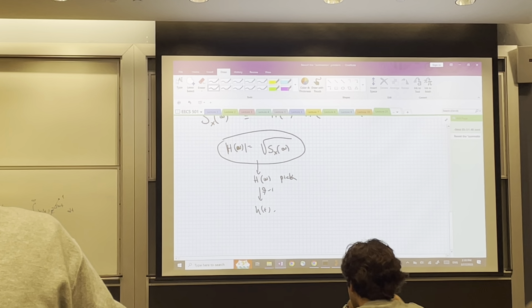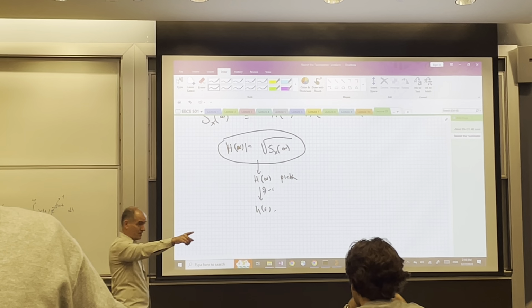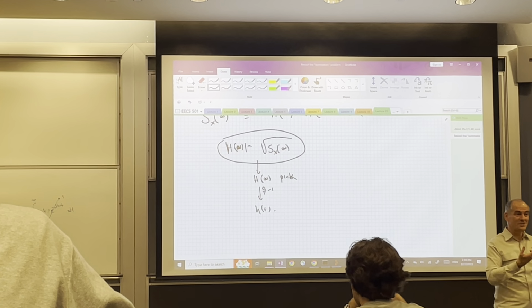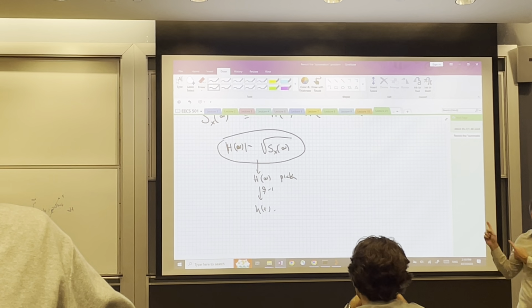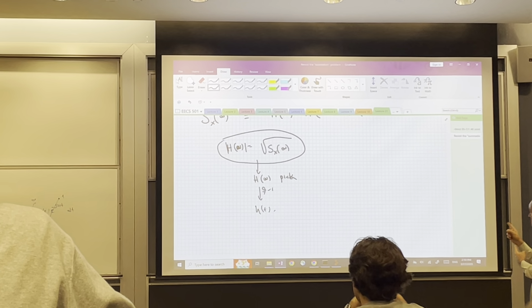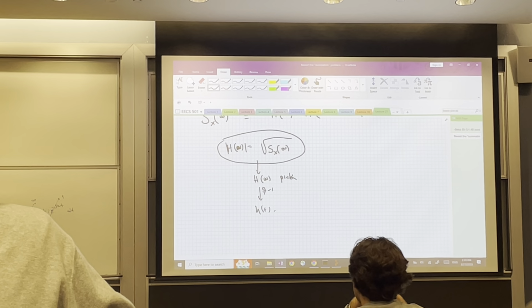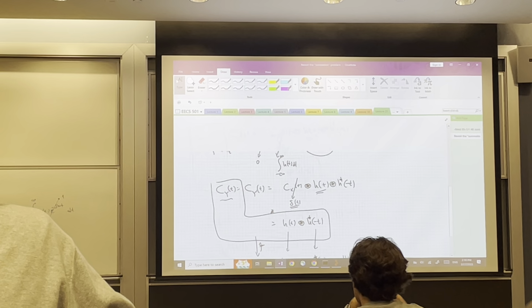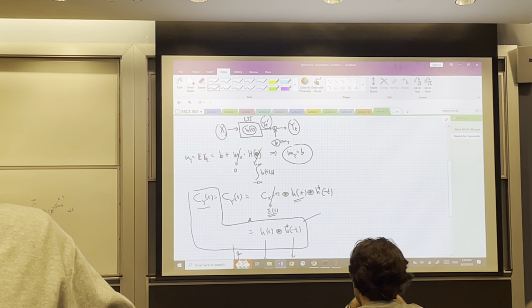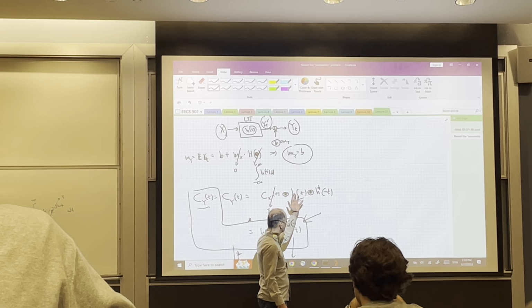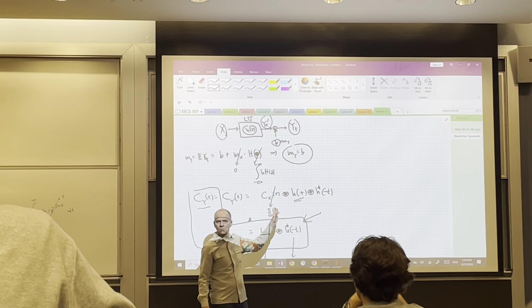In the same way, and I'm answering your question, looking at signals or random processes in the frequency domain can help us solve problems. For instance, this problem is very difficult to solve in the time domain. How can I find a signal H that, when I convolve it with itself and shift it, will give me that? People talk about some deconvolution of this and something like that, but it's a difficult problem to solve. Okay?